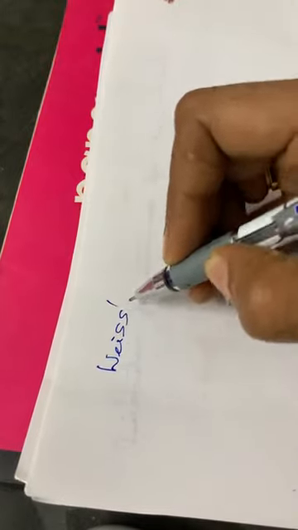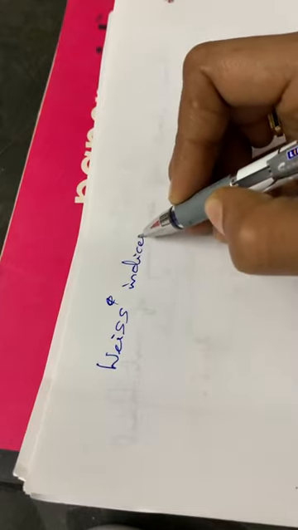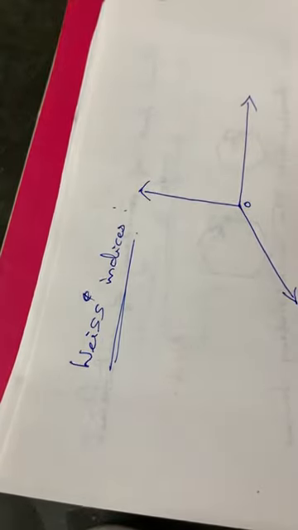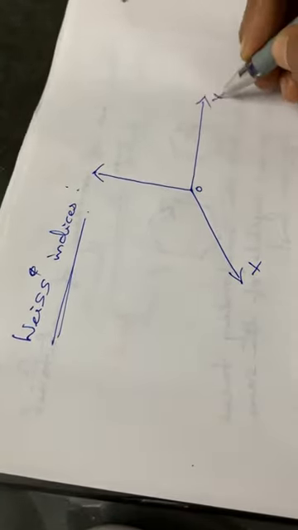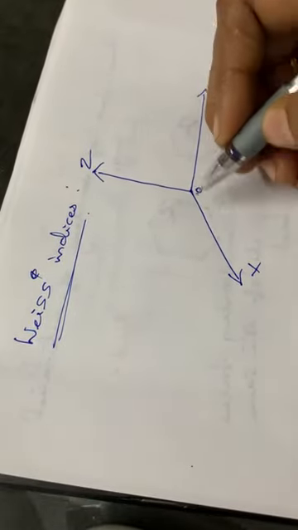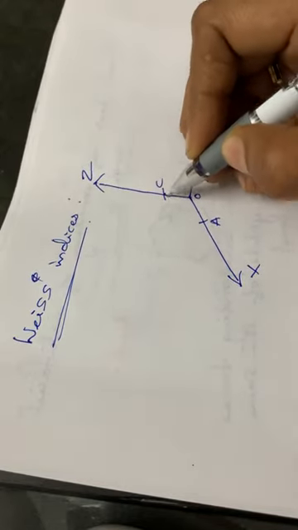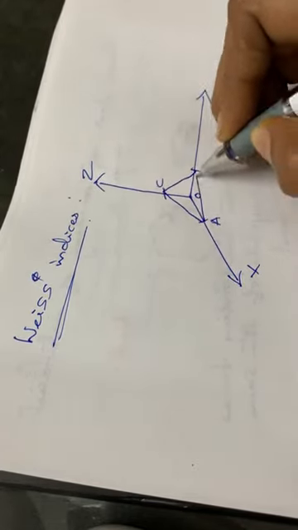Then the next one is the Weiss indices, W-E-I-S-S, not apostrophe, Weiss indices. So again I am drawing this diagram. The center, let it be O, then X, Y and Z, and again unit intercepts A, B and C. These are the unit intercepts which cut the three crystallographic axes.